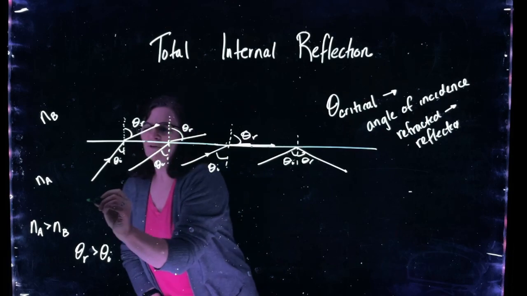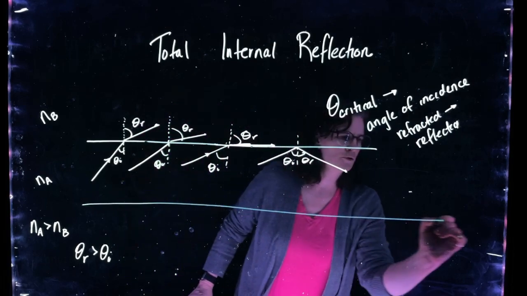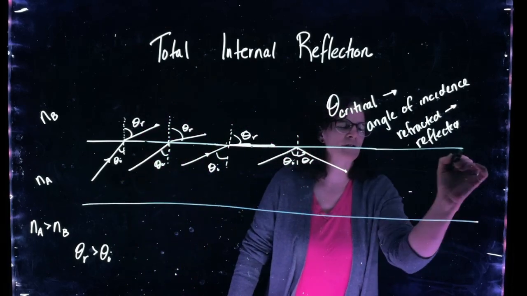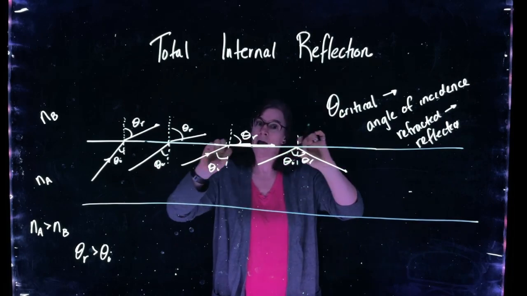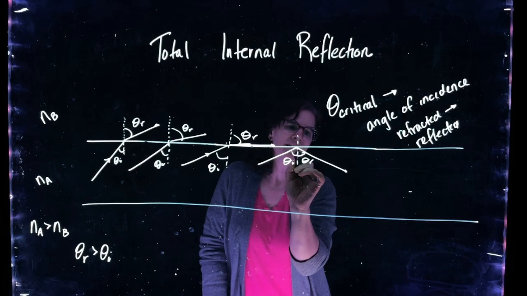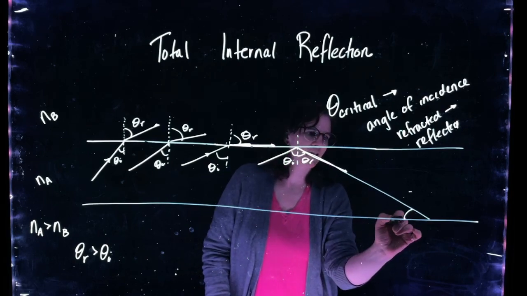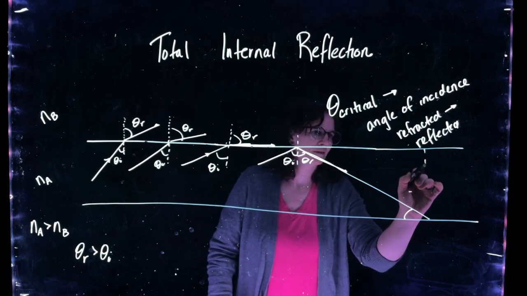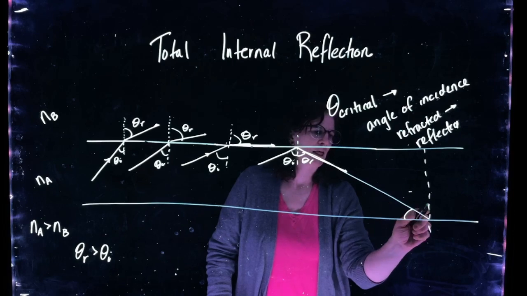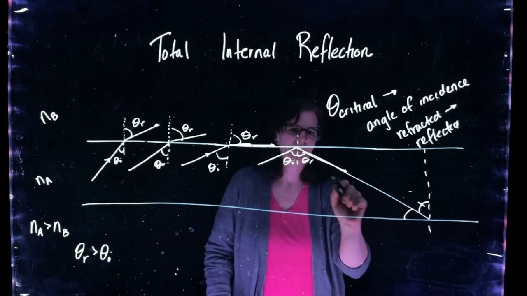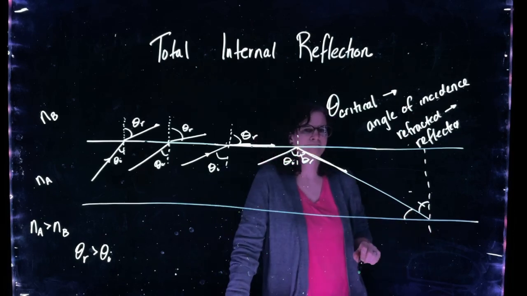Well, if that were the case, if I put another boundary there, so I made a wire, well, this is just going to pass this straight line, and now this angle and this angle and this angle are the same.